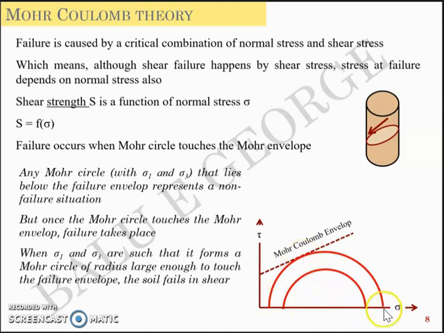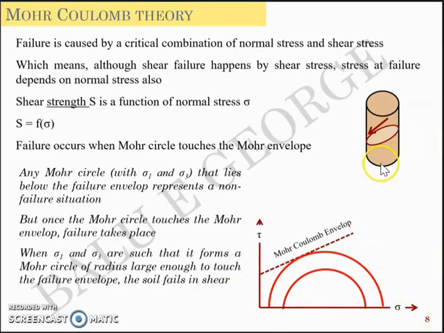And when you further increase sigma 1, it means that sigma 1 minus sigma 3 will have a further increased value, and it will be a very big circle, but that big circle can't be drawn because it will go above the Mohr Coulomb envelope, or you will not have an option to have a higher sigma 1. The soil will fail well before that.